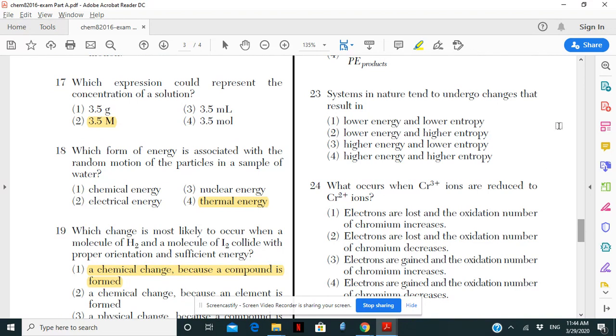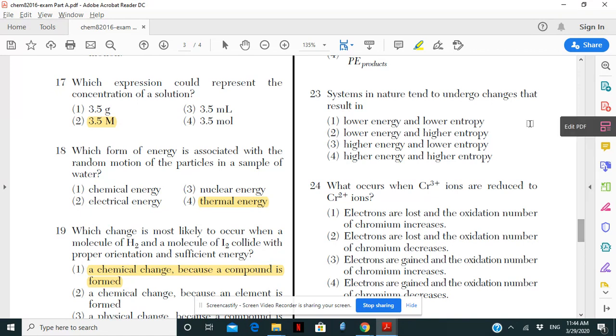Systems in nature tend to undergo changes that result in lower energy and higher randomness. So in that case, we're talking about enthalpy and randomness. Randomness is entropy, so higher entropy is favorable and low energy is favorable.